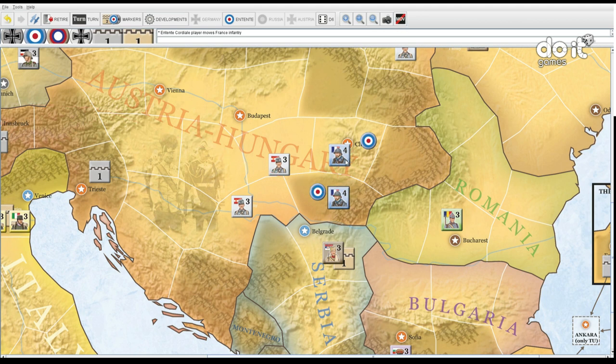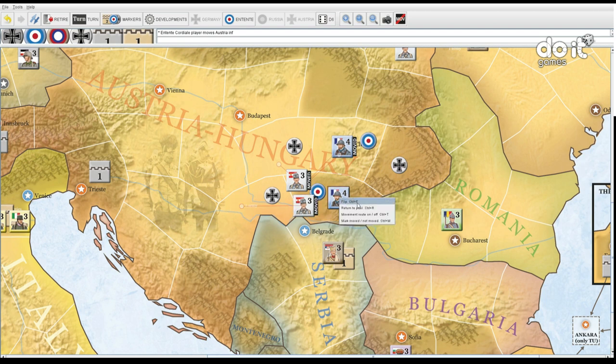And this army is also supplied because there is a supply line from this army to Belgrade passing through this other area. I don't put any marker, but this is supposed to be Austro-Hungarian, this is supposed to be Austro-Hungarian, and this is supposed to be Austro-Hungarian. What happens if, for any reason, the Austro-Hungarians move here and destroy this army?